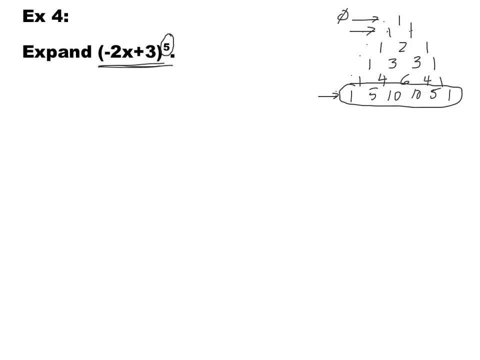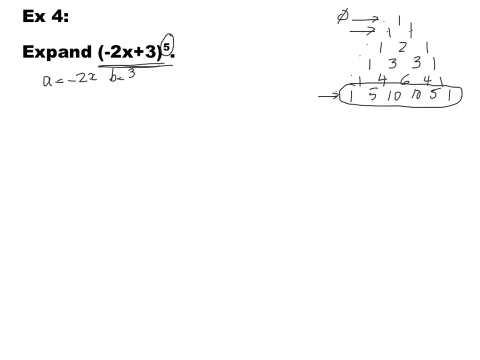The way we expand it is very simple. First, specify your first term in the binomial. The first one, we call it a, is negative 2x, and the second term, b, is plus 3 or just 3. When you expand it, the expansion goes like this.